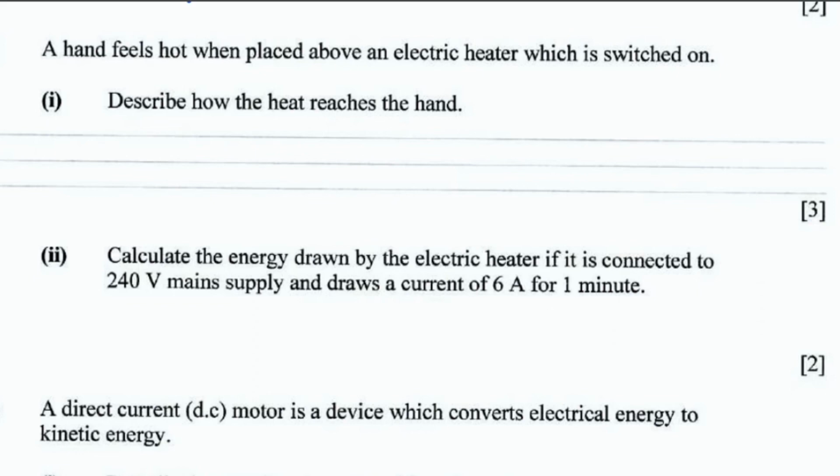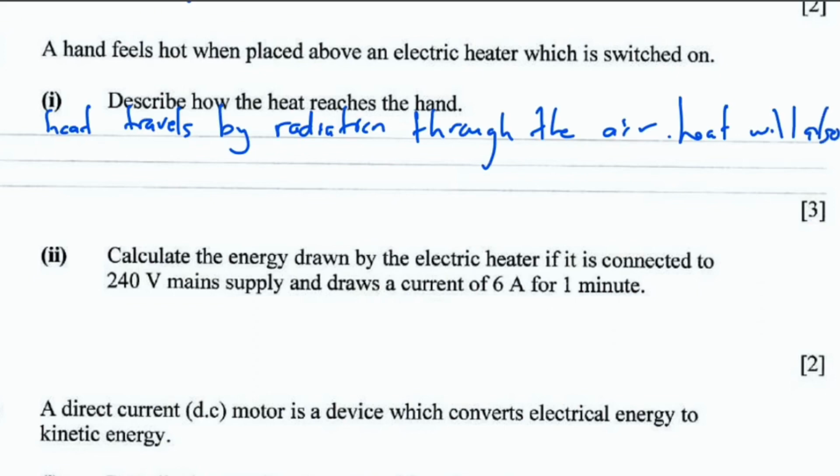So what will happen here is that heat will travel by convection as air above the heater gains kinetic energy and expands, and then the air will become less dense and rise, and heat will travel by radiation as heat waves through space. To put it in writing, heat travels by radiation through the air.